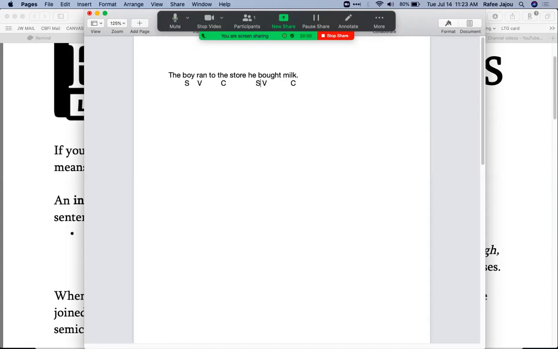Now, this means that you can separate these, right? Most people would say, well, just put a period right there. That fixes the run-on, and that's correct. The other option is a comma, and that's what some people do, and that's not correct.